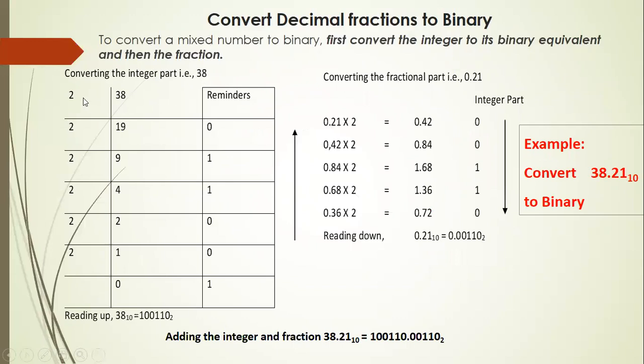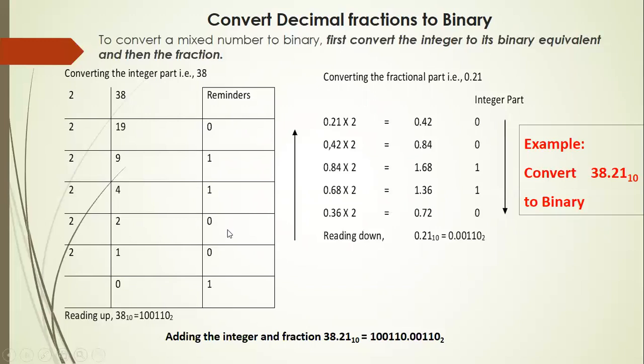So 38, if we divide by 2, 2 19s are 38. Here I'm writing the remainders here, so don't get confused. 2 19s are 38, so no remainder, the remainder is 0. 2 9s are 18, so the remainder is 1. 2 4s are 8, so the remainder is 1. 2 2s are 4, so no remainder, so 0. 2 1s are 2, again no remainder, so 0. 2 0s are 0, so the remainder is 1.